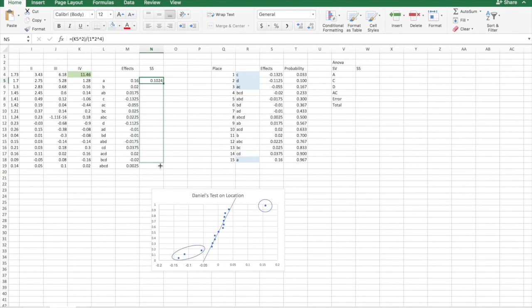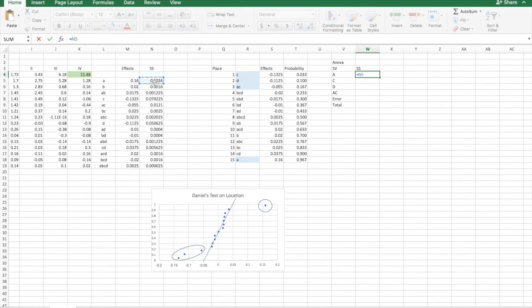We only need the sum of squares of factor A, factor C, factor D, and factor AC. So factor A is 1, factor C is 0.07, factor D is 0.05, and factor AC. Okay, now we have the sum of squares.